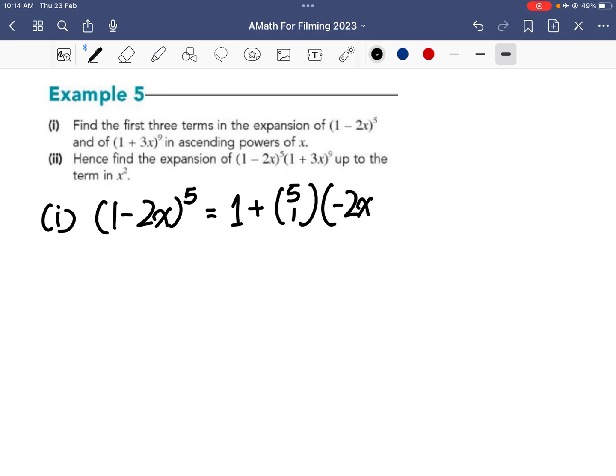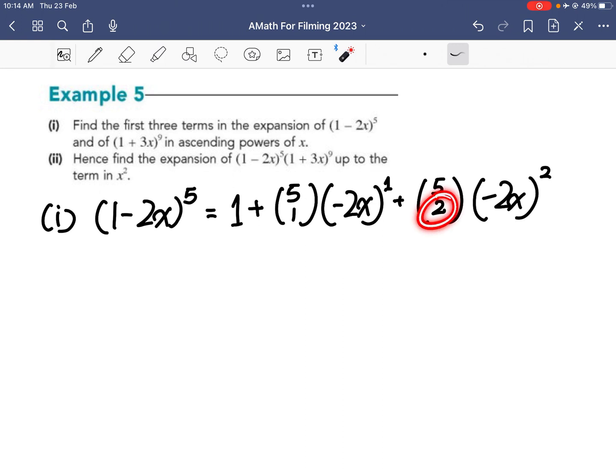Then after that we get negative 2x to the power of 1. So this one and this one will follow. Now, the next term will give me 5 choose 2, negative 2x to the power of 2. How I get 2? Is 2 here. This is the third term.